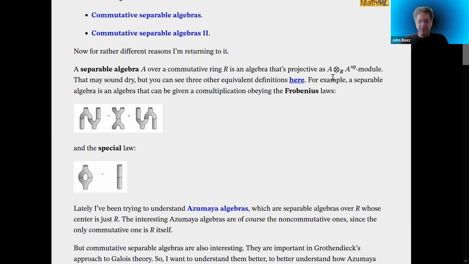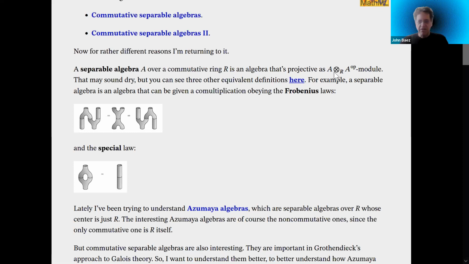One of them is that A is separable if it's projective as an A tensor A-op module, which is, I wish I understood that. I mean, it sounds like a good thing to think about, but I wish I understood it more deeply.